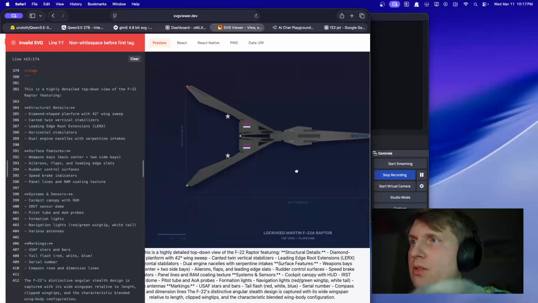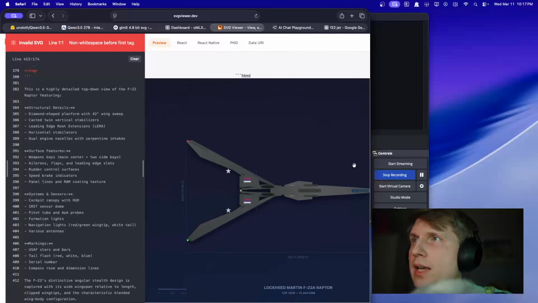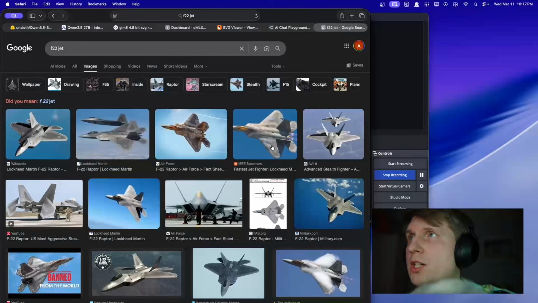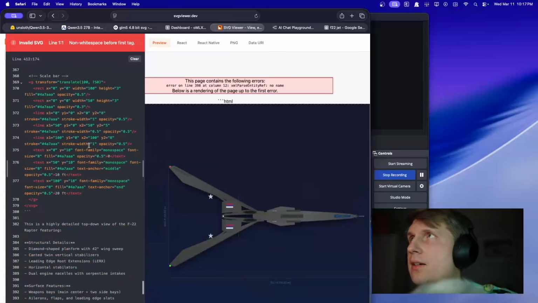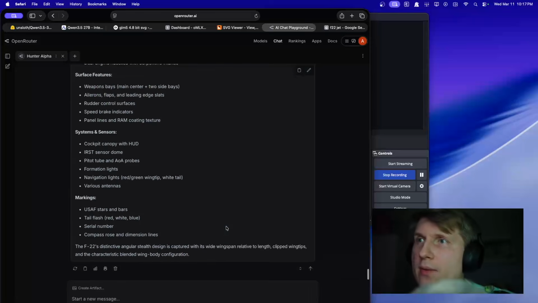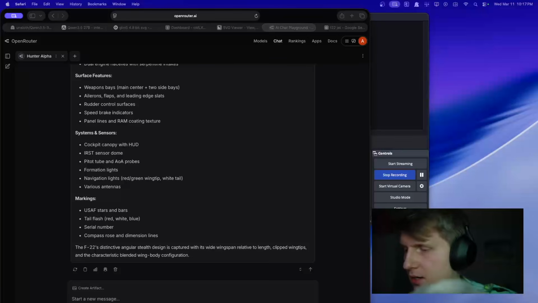Even the measurements are good here. The issue is that it just doesn't look like an F-22 Raptor, which should look like this. So it could be that it doesn't have this in the training data, which is correct. It shouldn't have it. We're just going to go ahead with something simpler now that it should have in its understanding of what a car looks like.